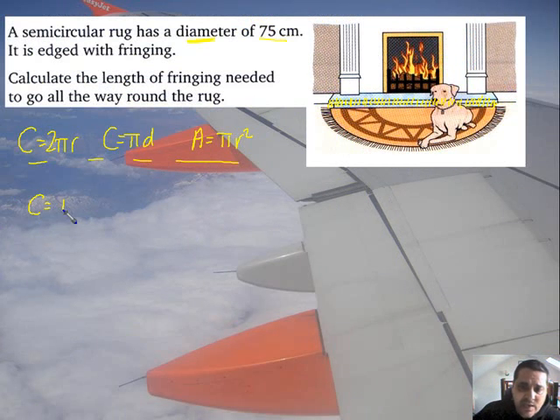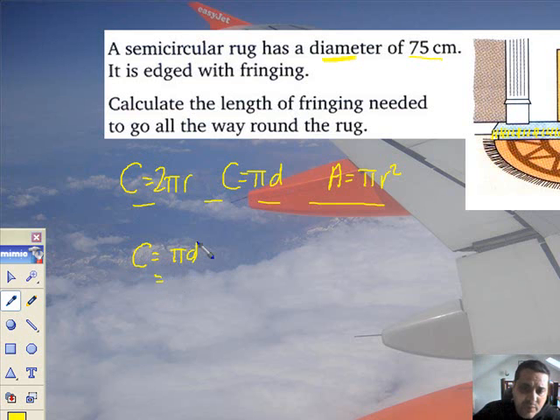So C equals pi d. Put in the numbers, 3.14 times a d of 75. Get our answer. So, machine. 3.14 times 75 equals 235.5 centimetres, so that's the whole circle.